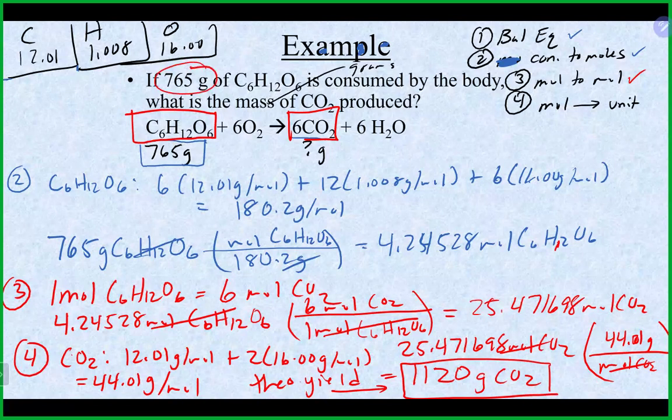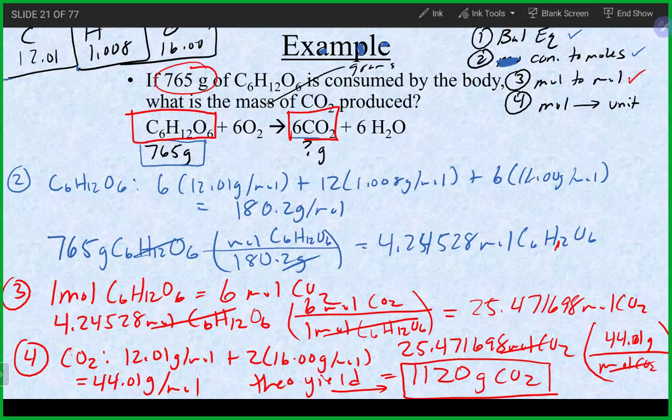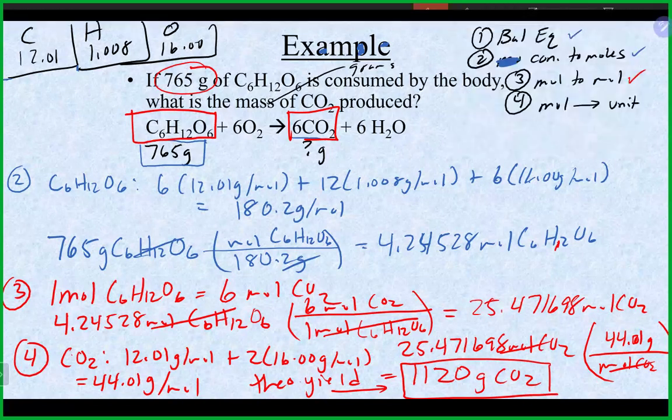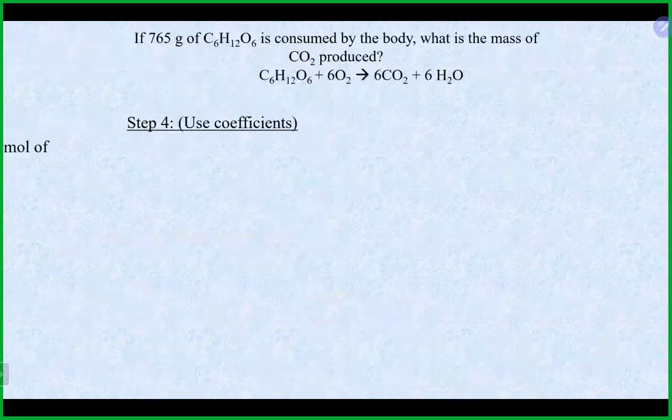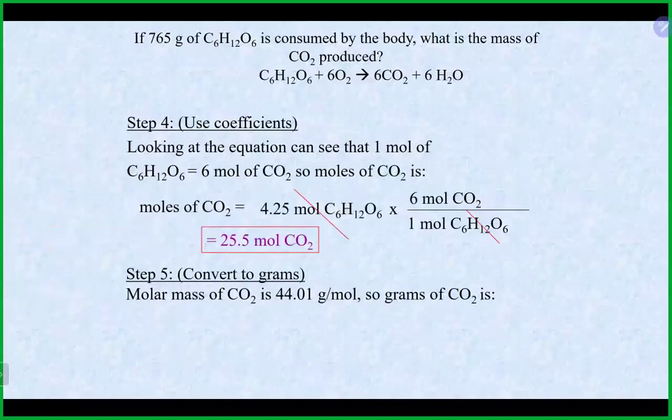That is why we rounded to 1120. Once again, you could do one big calculation all the way through, if you like. Any questions on that? All right, one more just to make sure. Scroll this across just in case.